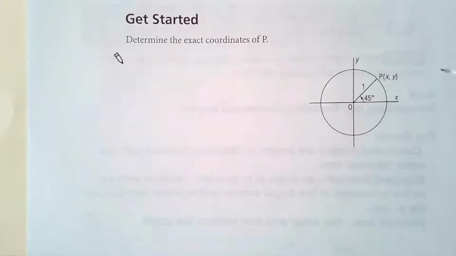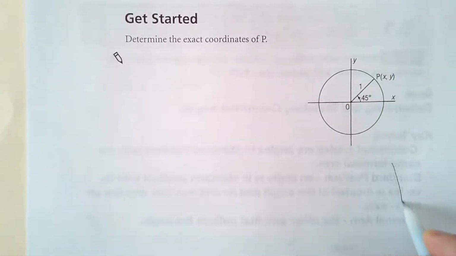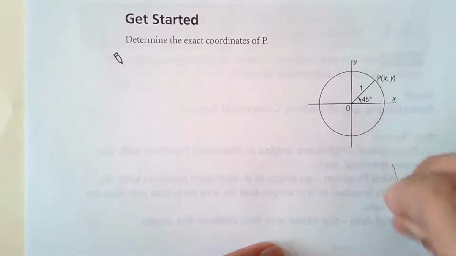If you recall from grade 11, the Pythagorean theorem states that if you have a right angle triangle, then the square of the adjacent side plus the square of the opposite side is equal to the square of the hypotenuse.